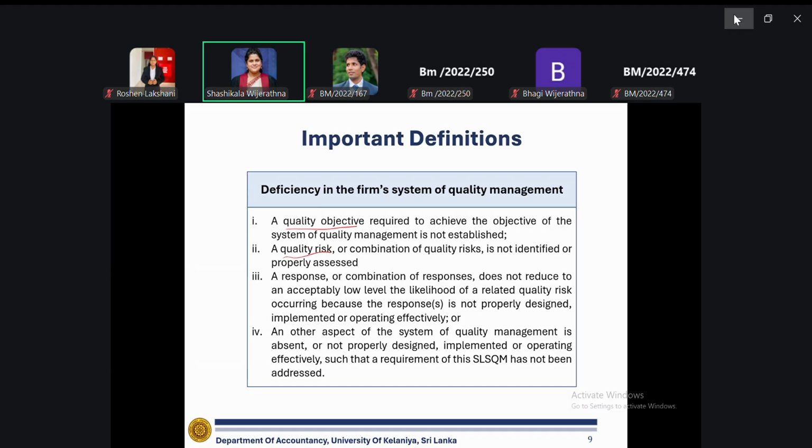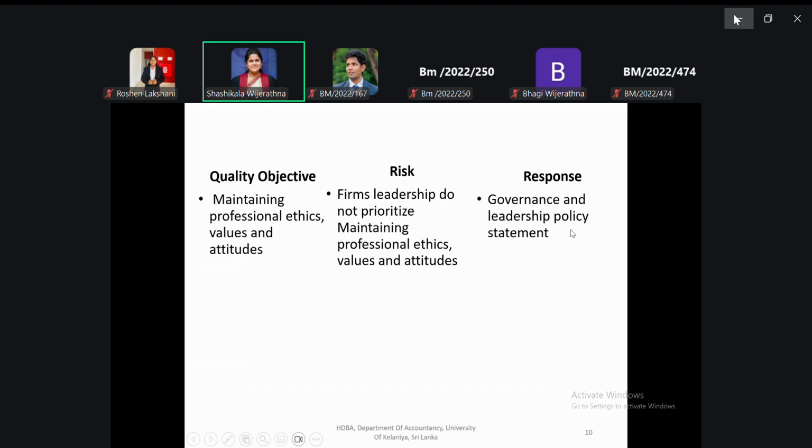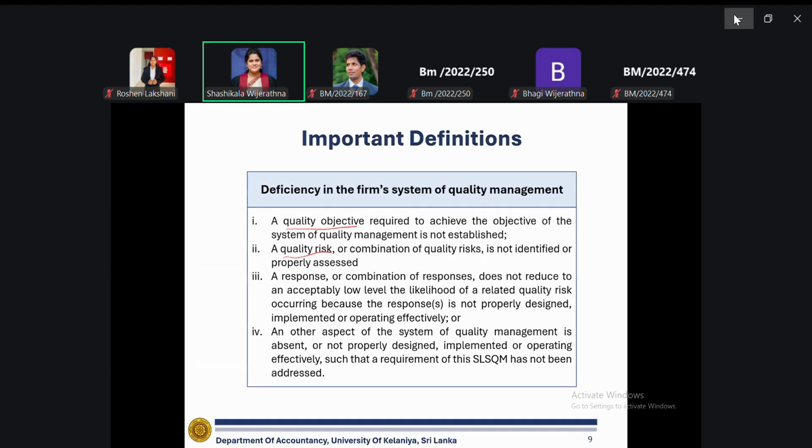I have identified the risk and I have a response, but the problem is the response I have given is not strong enough. So this response does not have the ability to reduce the risk to an acceptably low level. Sometimes this can happen because the response is not properly designed, implemented or operating effectively. That is the third deficiency.